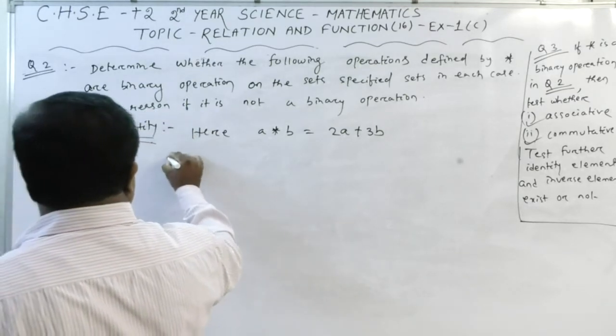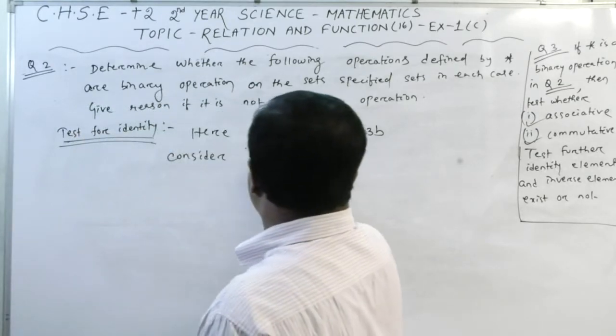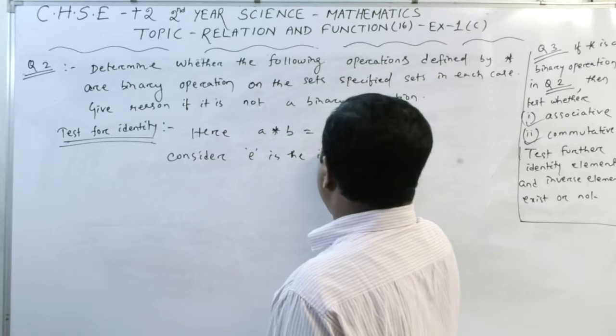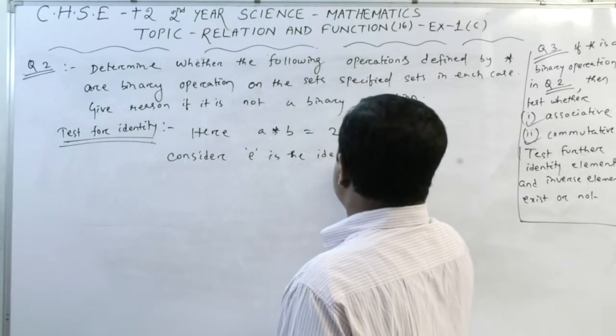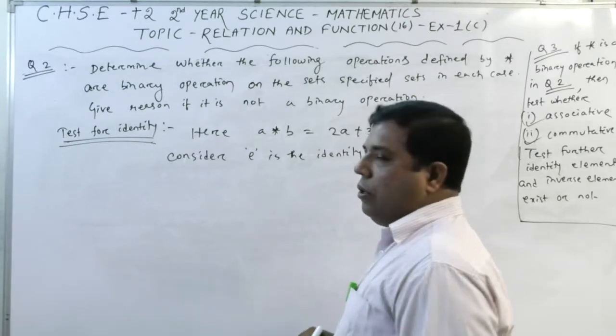Okay, consider E is the identity element, and from here we have to find out the value of E also.